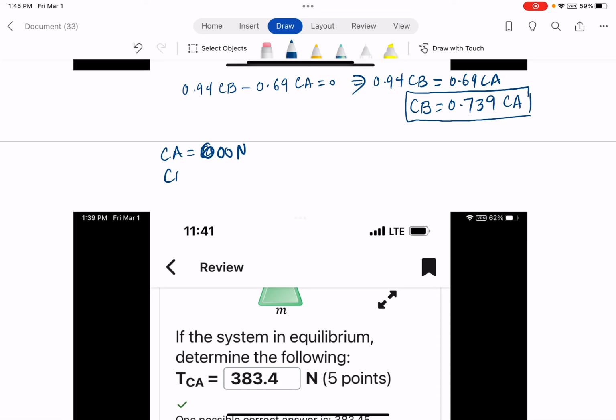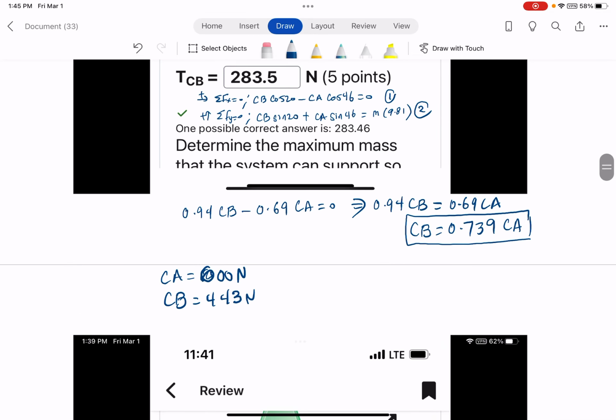What will CB be? 600 times 0.739, and that gives you 443 Newton.